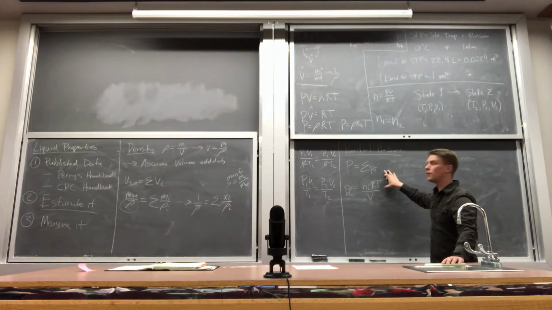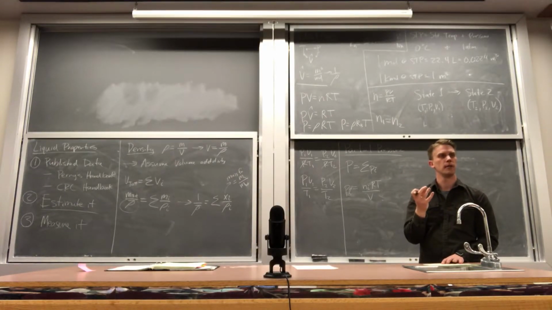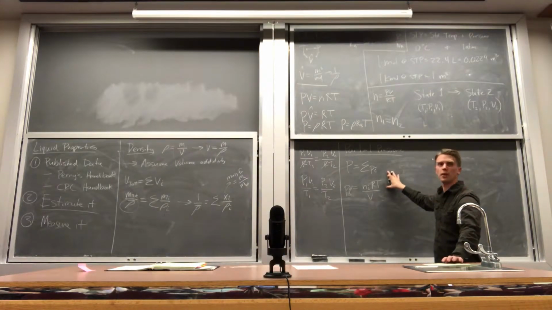This is a term that's going to be very useful when we start to talk about multi-phase, multi-component thermodynamics, because the partial pressure is going to determine how much of a particular gas condenses into the liquid and how much of a particular gas boils into the vapor phase. But for now, this is a definition I want to tick off the list.